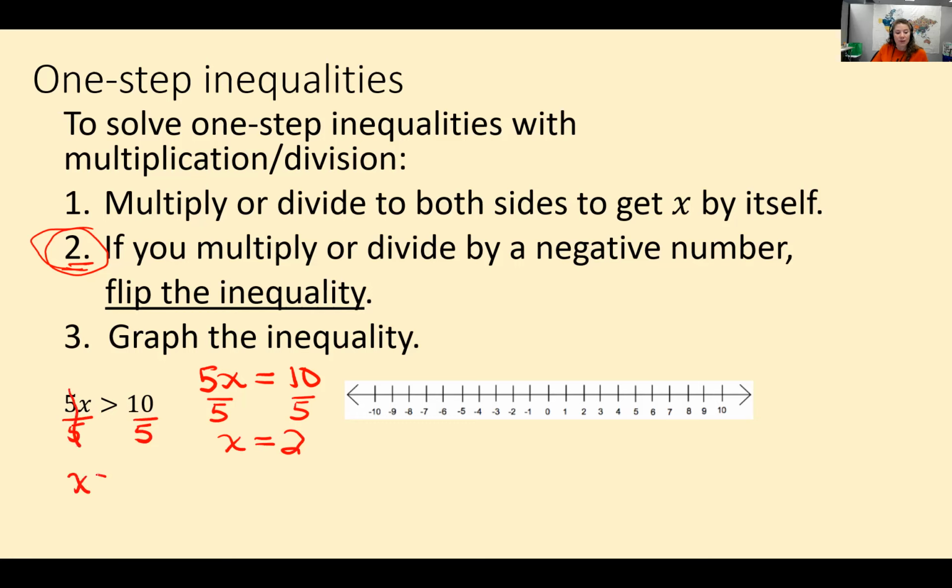I bring down my inequality symbol, and 10 divided by 5 is 2. So I come to my graph, I put an open circle at 2, because it's not equal to 2, but it's any number to the right of 2 on a number line.